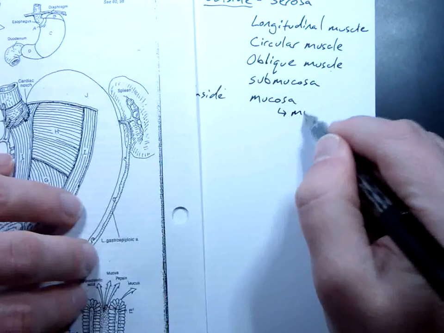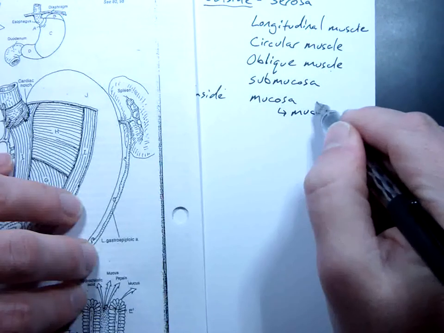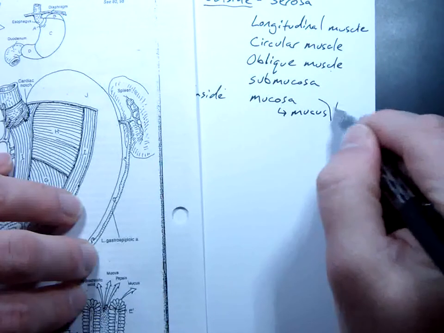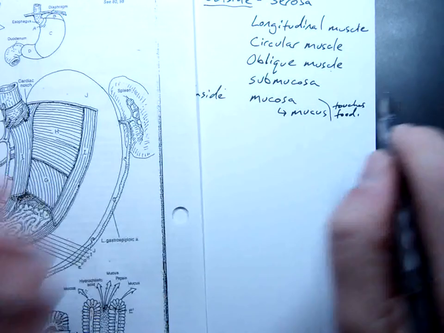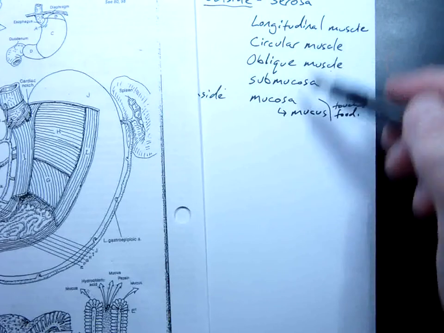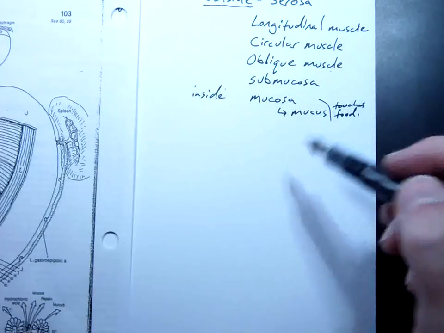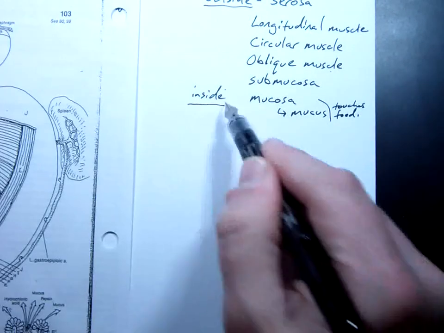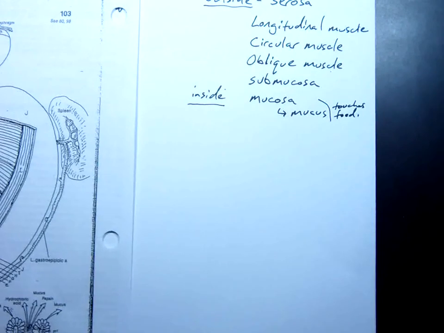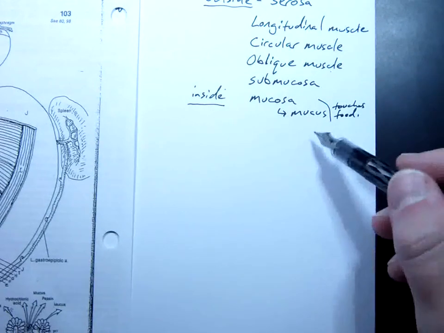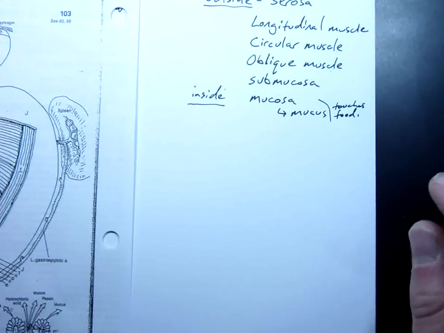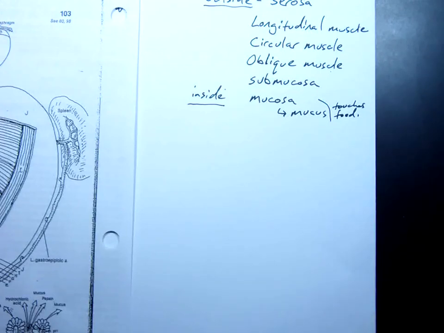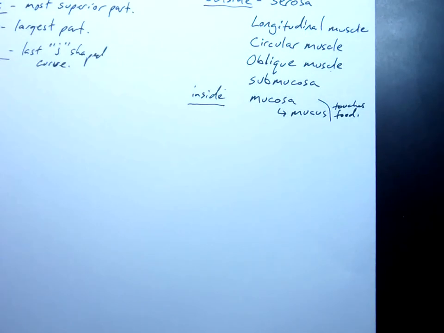Mucus. This is the layer that touches the food or digested material. All the rest of this should have no contact with the food, but here it will. The innermost layers will. Lots and lots of layers, and in the stomach, lots and lots of mucus. So much mucus is produced, in fact, that it makes a gel layer on the inside of the stomach to protect the stomach from digesting itself.